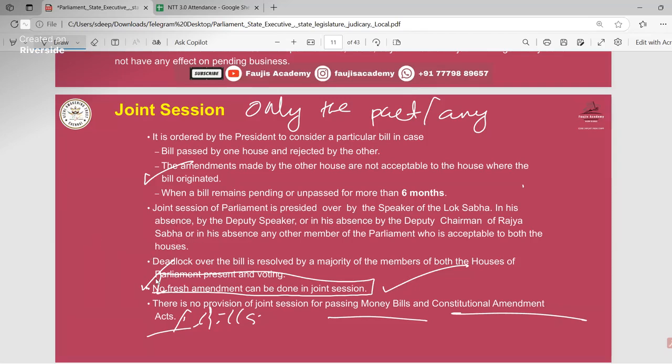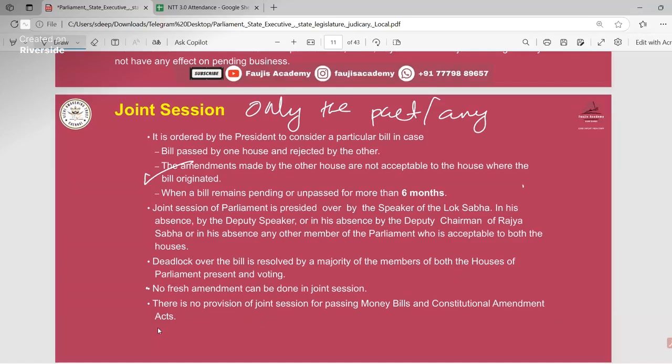Also, another point is that you can make amendments, but those amendments should be of a certain nature. Note this down because I have not given this in the slides. Those amendments which might have caused delay in the passing of the bill.